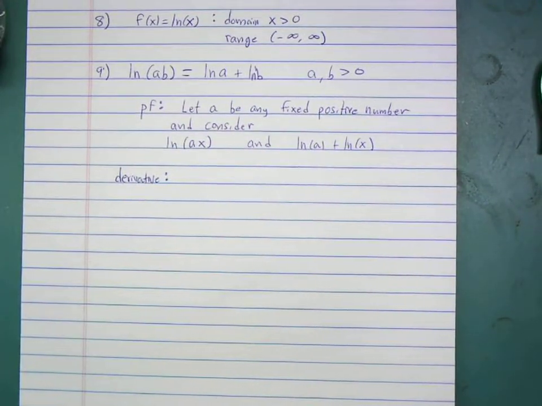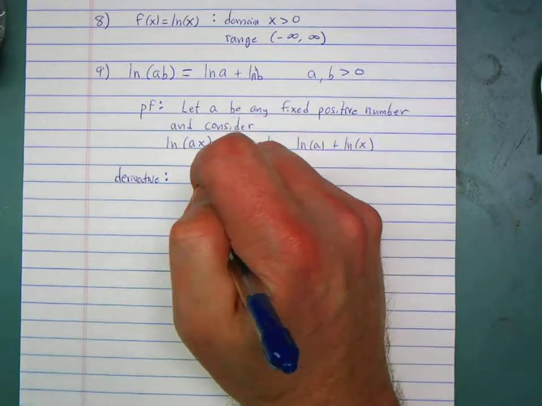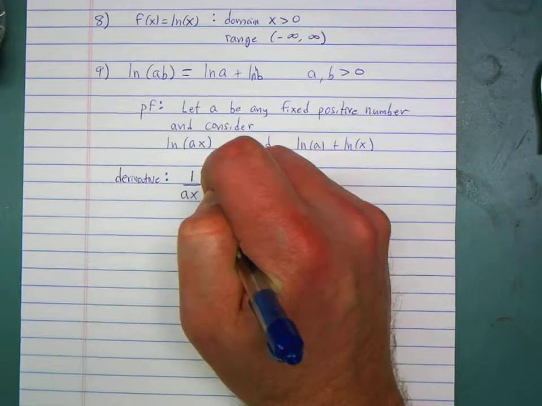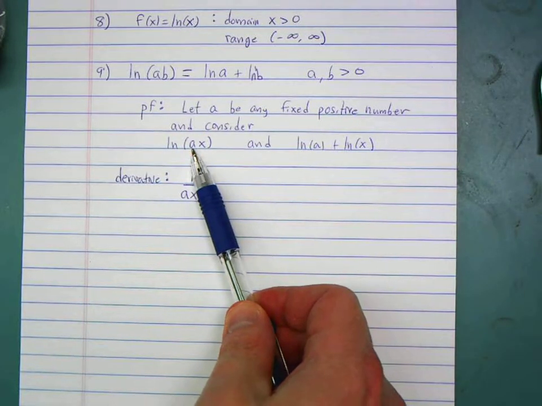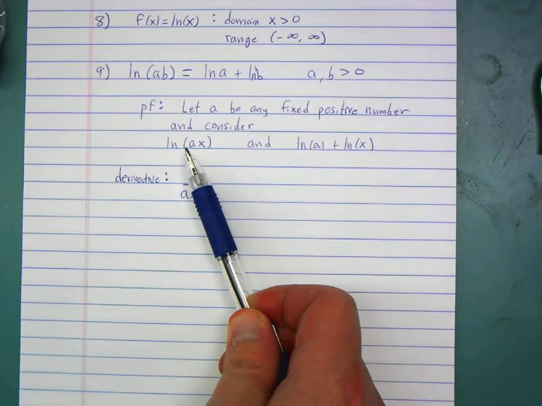How did we take the derivative of an ln thing again? One over the inside of the natural log. So 1 over ax times the derivative of the inside. And the derivative of the inside in this case is, remember that a is just a fixed number, so you can think of a as being like the number 7.